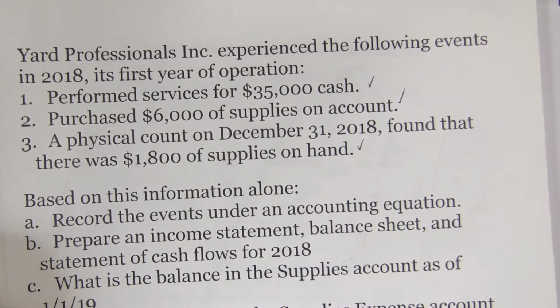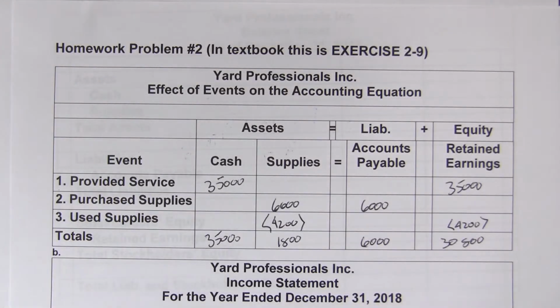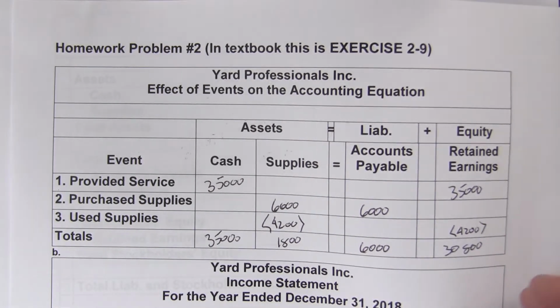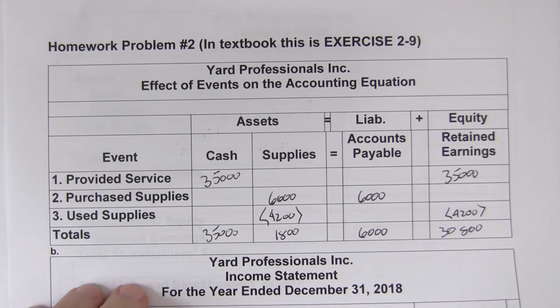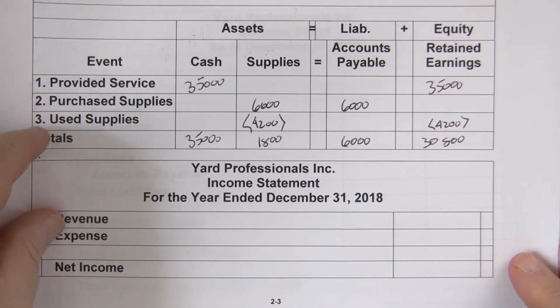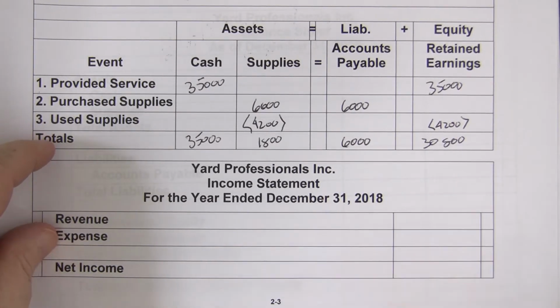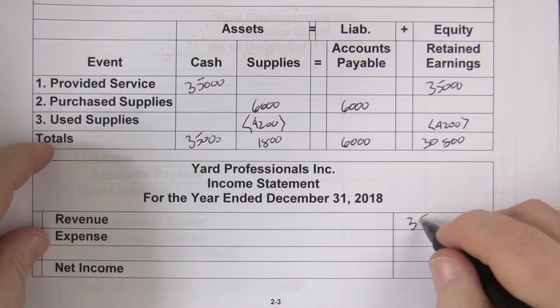So that's part A. And then it says, okay, smart guy, do an income statement and a balance sheet and a statement of cash flows. I know it sounds daunting to you. You haven't done one of these yet. It's really not so terrible. Our revenue was $35,000.